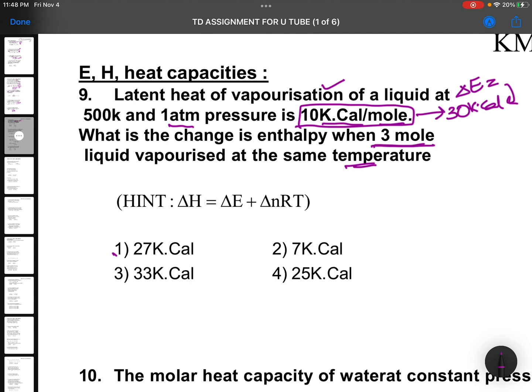Now 3 moles of liquid converted to vapor. 3 moles of liquid is converted to 3 moles of gas. The liquid is not considered. So delta n is equal to 3.